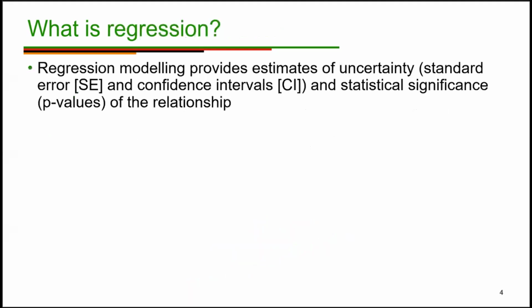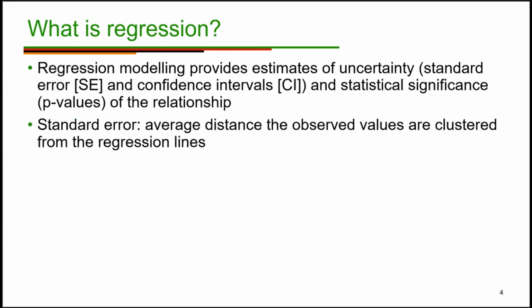So when you're developing a regression model, basically it provides you with estimates of uncertainty, and these we often like to call standard errors, right? And also since your regression model is basically a subset or a sample of a larger population, you can also provide the 95% confidence interval of what your values would be in the true population, and whether that point estimate is statistically significant.